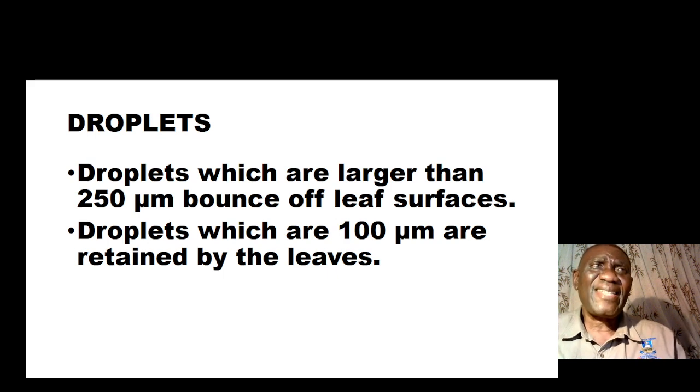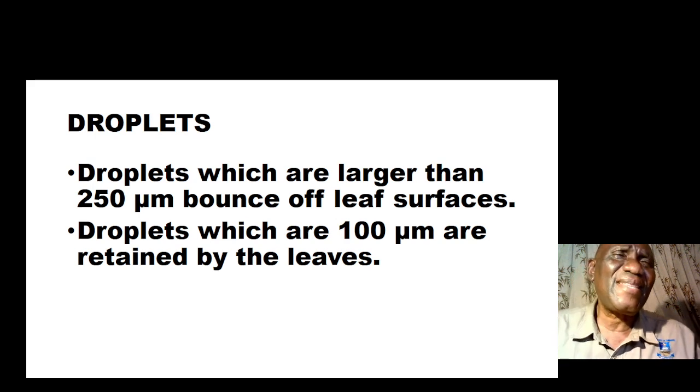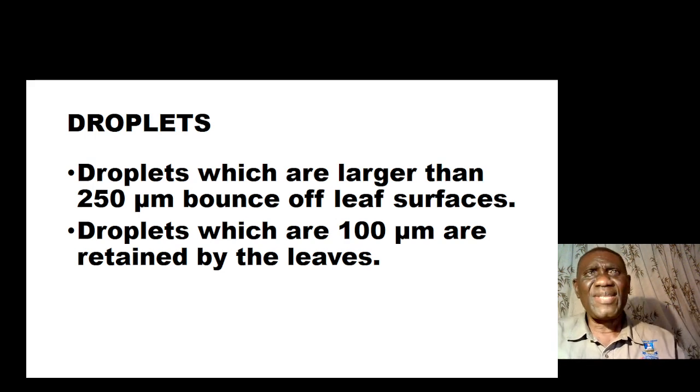Droplets which are larger than 250 micrometers bounce off leaf surfaces, and droplets which are 100 micrometers are retained by the leaves. So sometimes probably we can change our nozzles to achieve this.